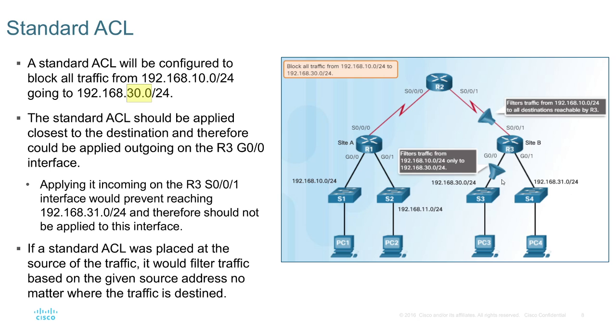Because the standard ACL should be applied closer to the destination, the place where we will apply it is where it is leading to the 30.0 network. That is where we will apply the rule saying traffic from 10.0 should be allowed in, because closer to there we can say if the traffic is coming from 10.0, it is allowed there.